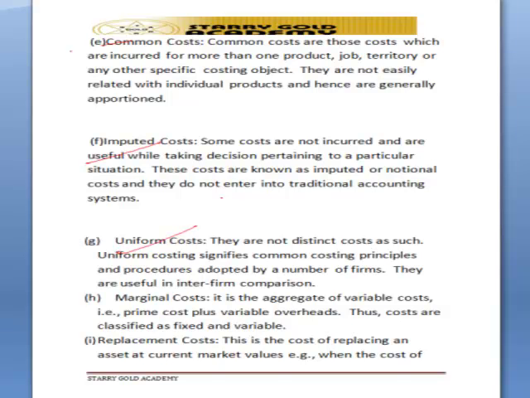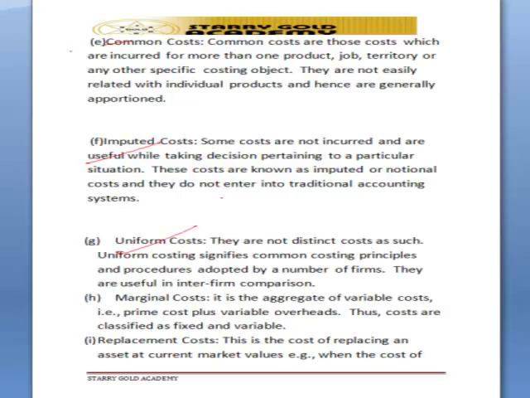So we also have what we call marginal costing. I hope you know what we mean by marginal costing, which we'll be considering as a topic very soon. Marginal costing is also one of the costs for decision making purposes. It is the aggregate of variable costs. When we talk about marginal cost in cost accounting, we are looking at variable costs.